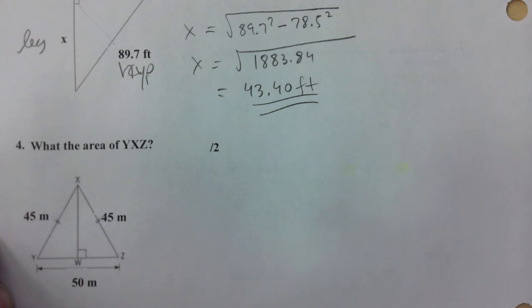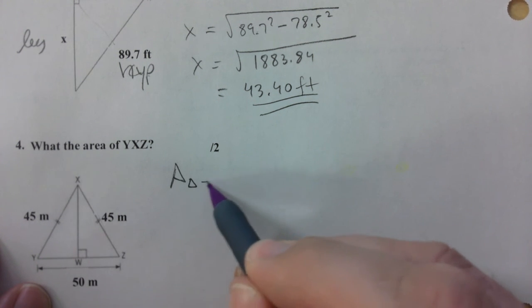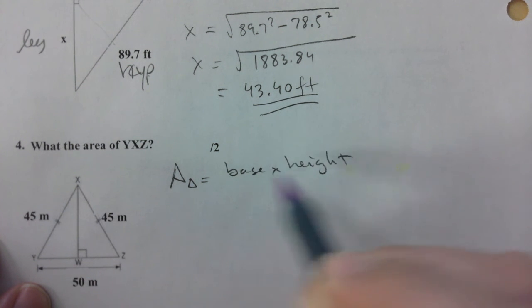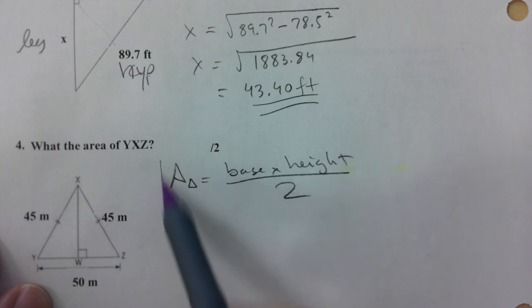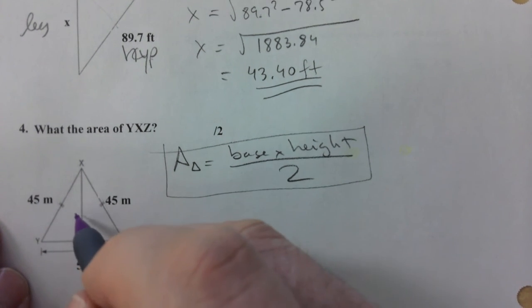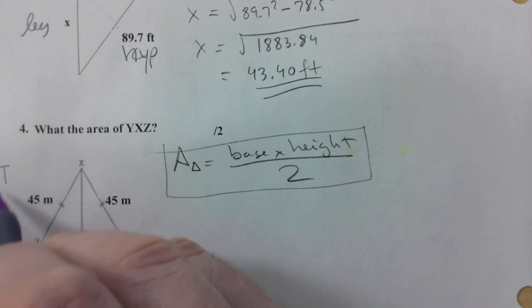I'll do the area quickly. What's the area of this? Well, the area of a triangle is base times height divided by 2. That's the area of a triangle. I need the height. This is the height.